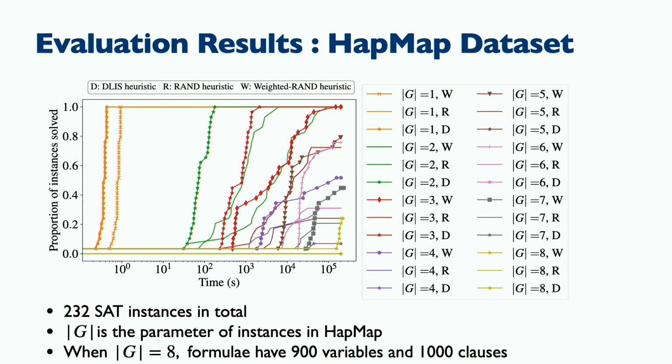And as you can see, when G is small and the formula is simple, the deterministic heuristic outperforms the other two randomized heuristics. However, when G becomes larger and the formula becomes more complicated, the weighted random heuristic outperforms the other two heuristics. Moreover, our ppSAT solver cannot solve some of the instances, even with a week.